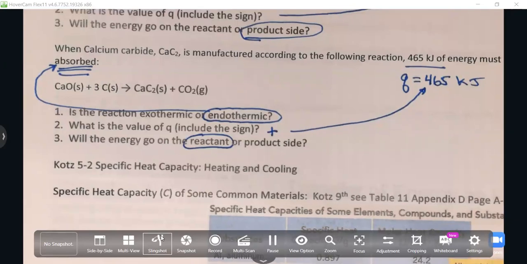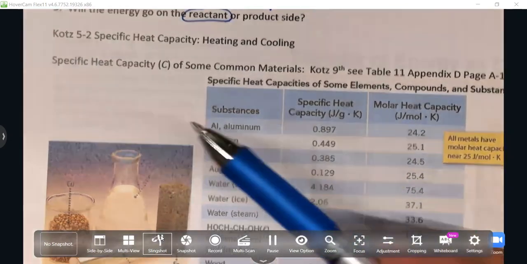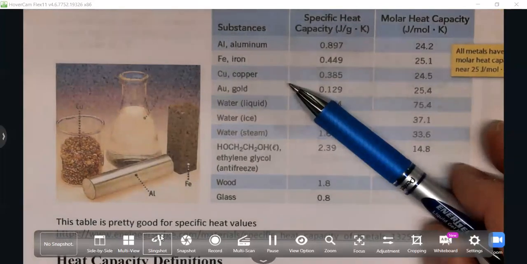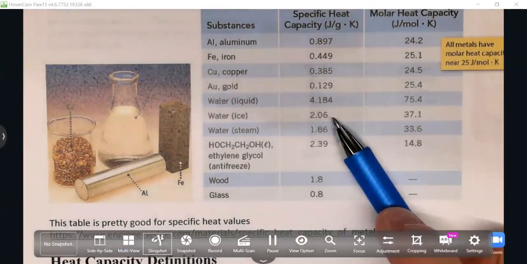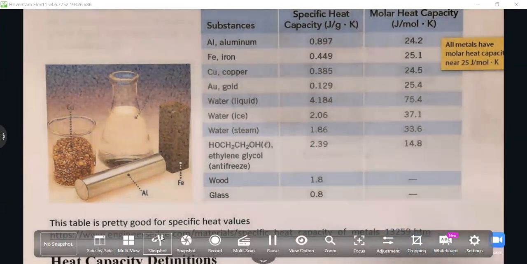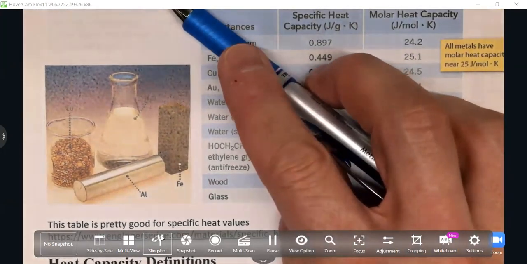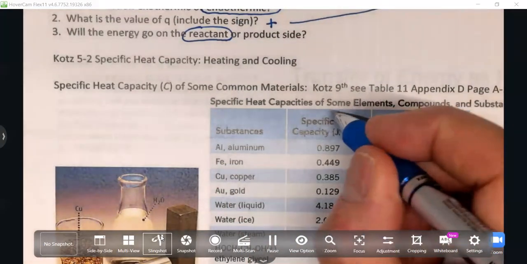Okay. Now let's talk about 5.2. In section 5.2, and I think this table came out of the textbook, we actually have what's called a specific heat capacity or specific heat.